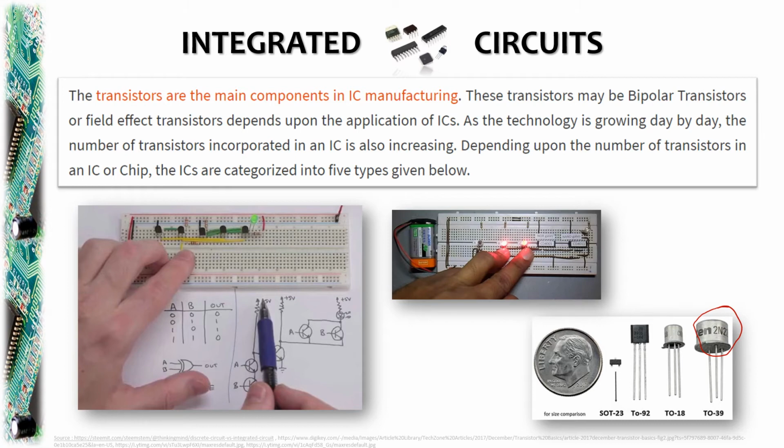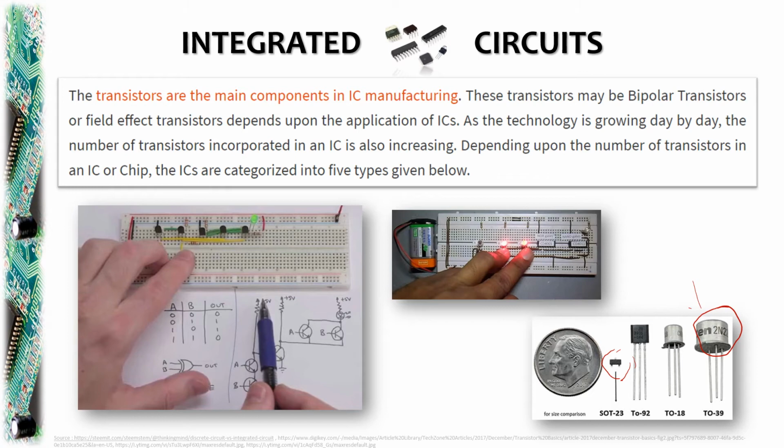But if I incorporate this smaller one, of course I can incorporate a larger number of transistors than with this one. Because more transistors are there, of course it will increase the price, because I am going to utilize the IC more and more, right? So the price will also increase.